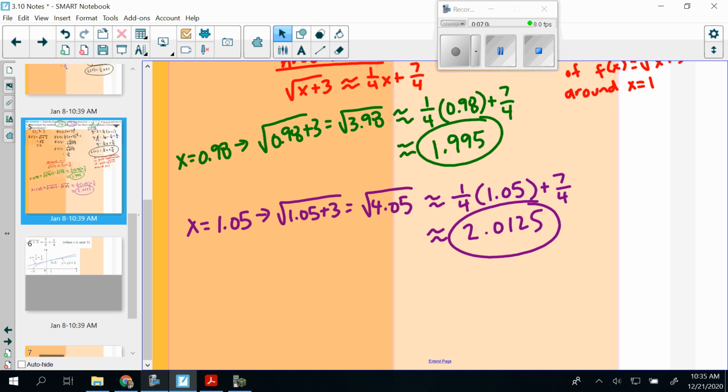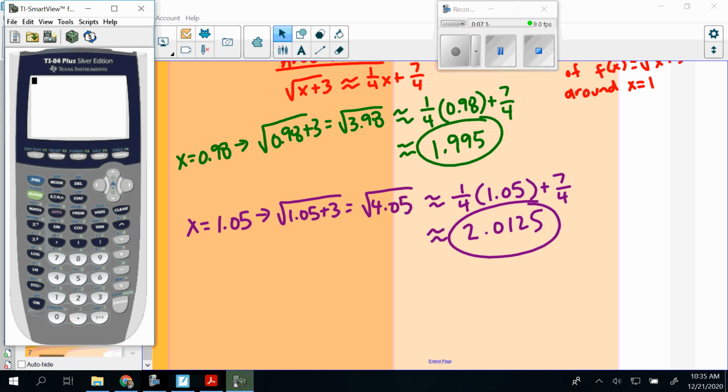So a good thing to do here would be to graph out both of them and see if it's going to be an overestimate or underestimate. So on your calculator, let's type both of these in. Go to your graphing part, and let's type both of these functions in and graph them.